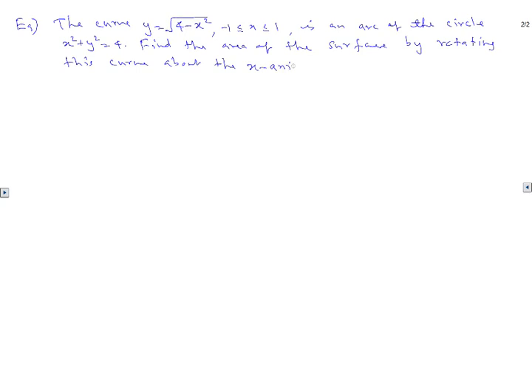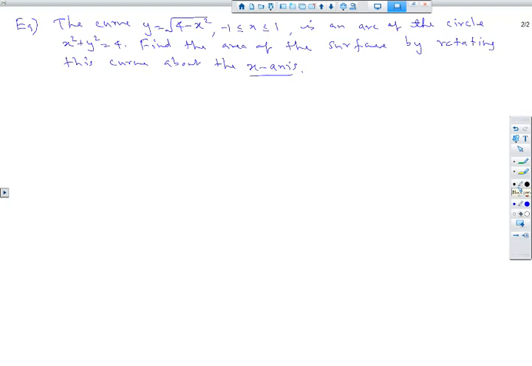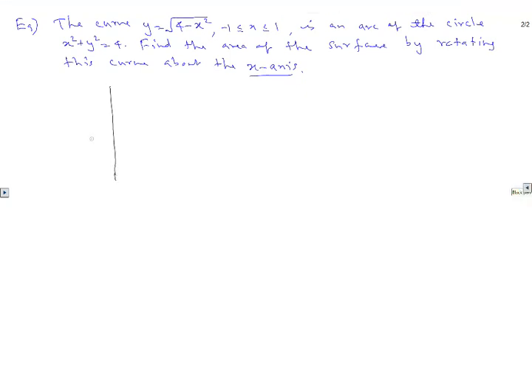Okay, so you have a curve. Let's try to draw the corresponding figures here. It's a part of a circle, going from -1 to 1. Then we can rotate this around the x-axis.